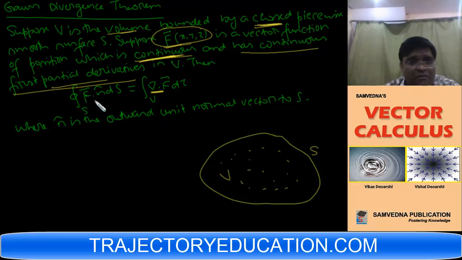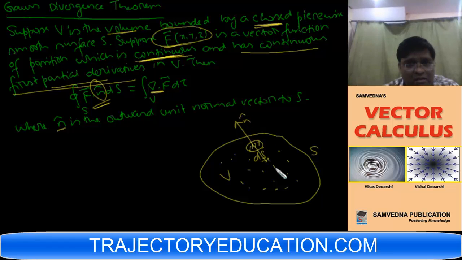The surface integral of f is also called the flux of f across S. The flux of f across S is equal to the volume integral of its divergence over the volume V which is enclosed by S. And mind it, what is n over here? n is the outward drawn unit normal vector to S. Suppose I take this as dS, then at any point you have two normals.